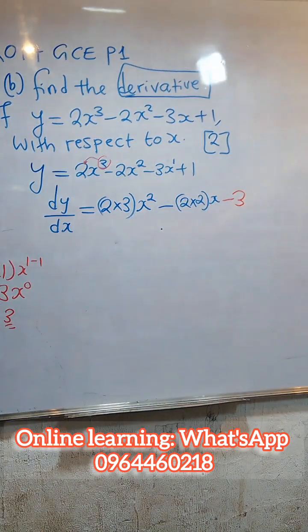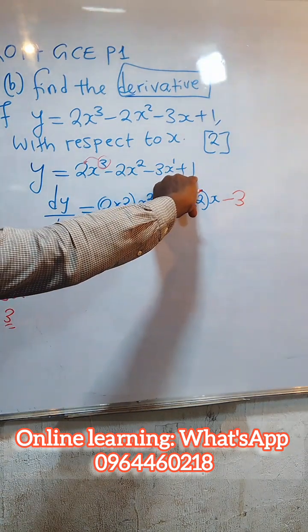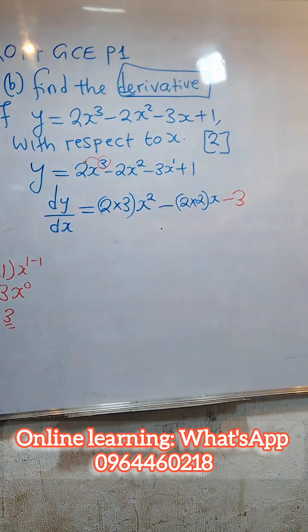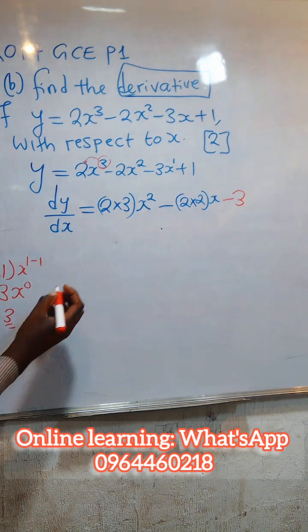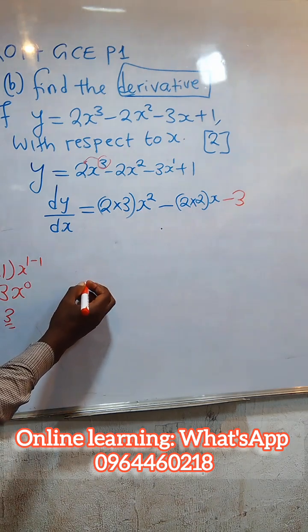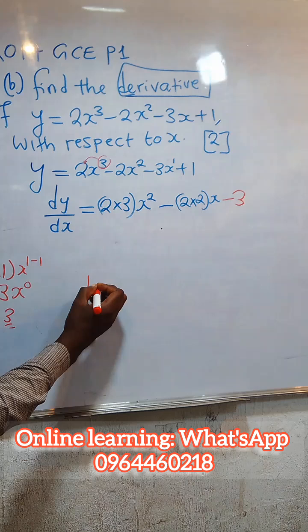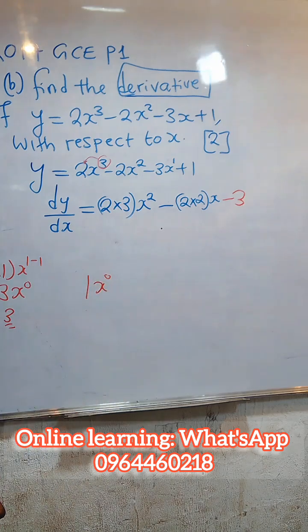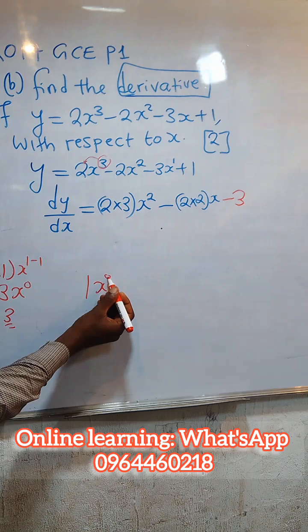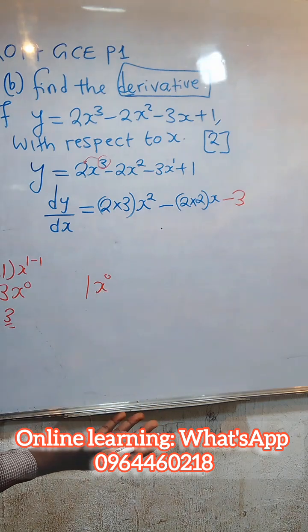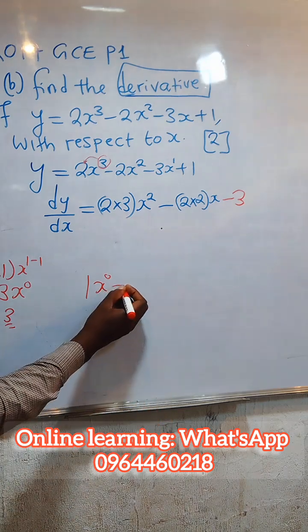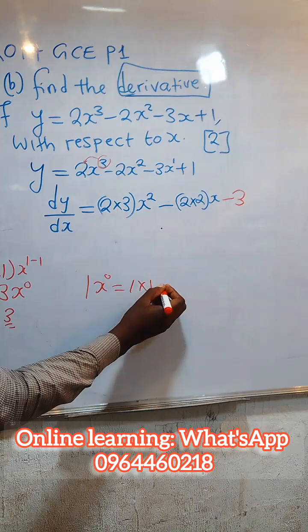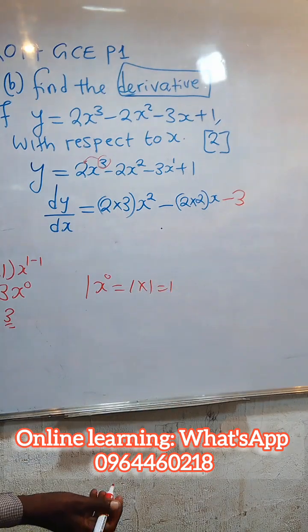Now, what you need to understand is when you have a number without any variable, without any letter, it's like we are saying it has x to the power 0, because anything to the power 0 is 1. This is going to be 1 times 1 equals 1.